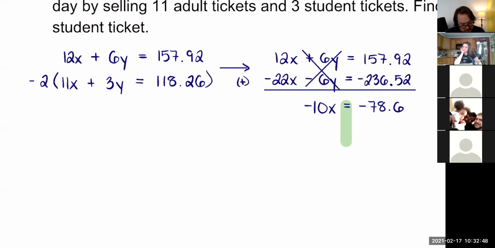So you got to be careful there, because we're not actually multiplying the top equation. So the 157.92 stayed the same. It was the 118.26 that we multiplied with the negative 2. So that's where the negative 236.52 comes from. So you just grabbed one of the wrong numbers is all. So good job checking there, though.